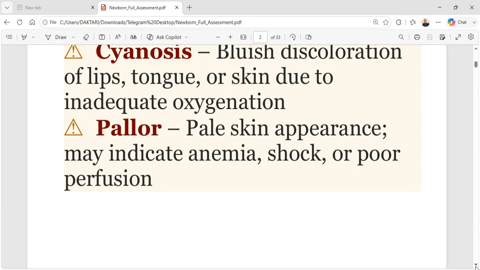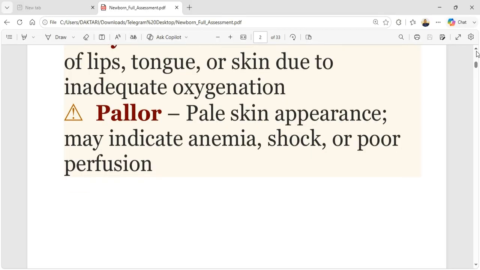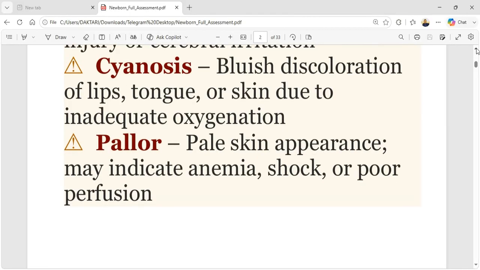So pallor, the paleness of skin, is especially seen in the palm of the baby, and generally the skin and mucosal surfaces. Even on the sclera it is also possible to note the pallor. Cyanosis, you check on the lips and tongue, that is central, and the skin and peripheral surfaces, that is peripheral cyanosis.